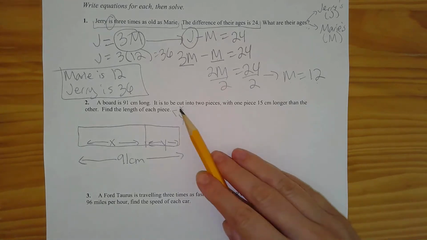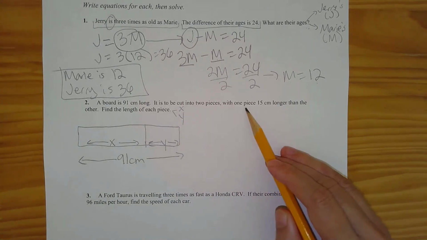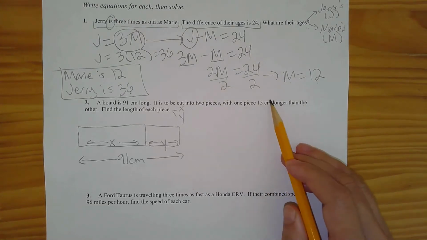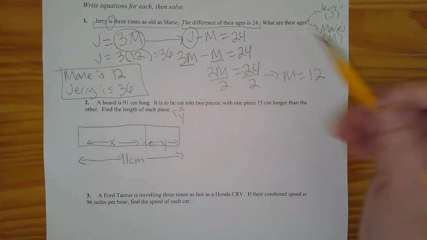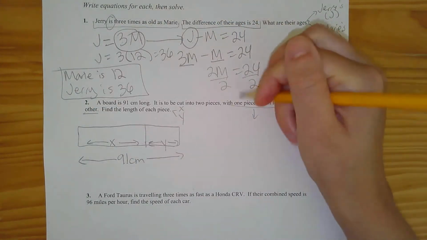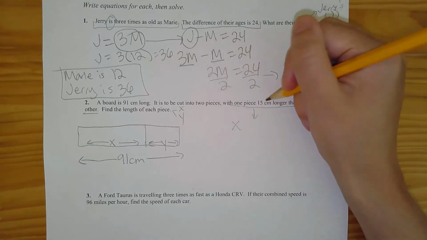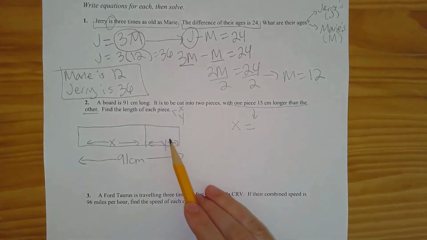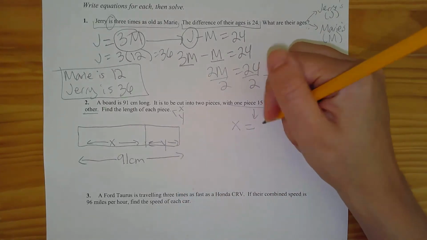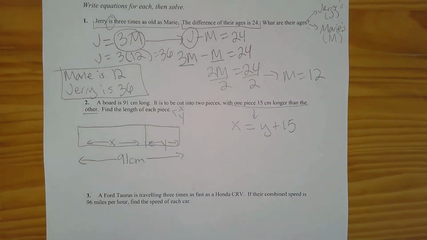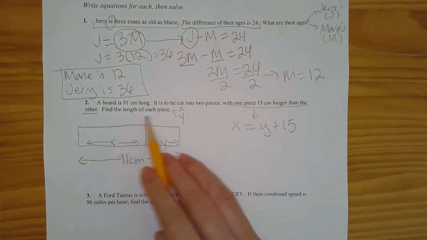And then in this other sentence, it says that one piece is 15 centimeters longer than the other. So my longer piece was my X. So with this information, what I can say is that longer piece, my X, is 15 longer than the other, which would be 15 plus Y, or Y plus 15. That's the information I'm getting from that second part. Find the length of each piece.